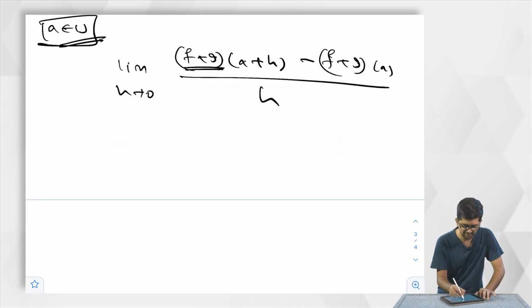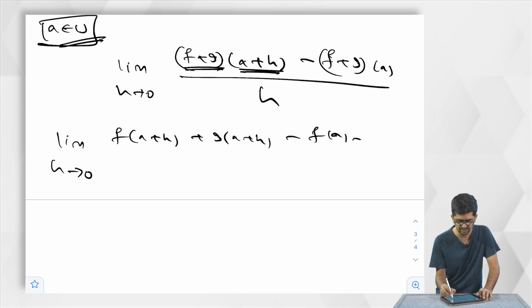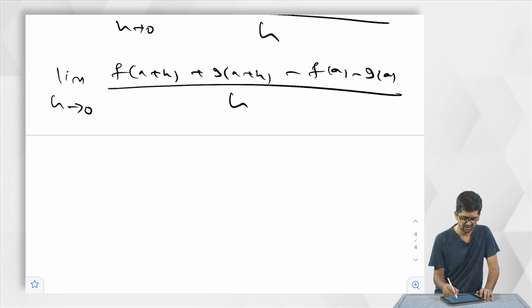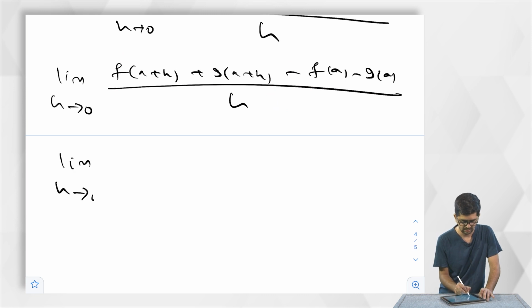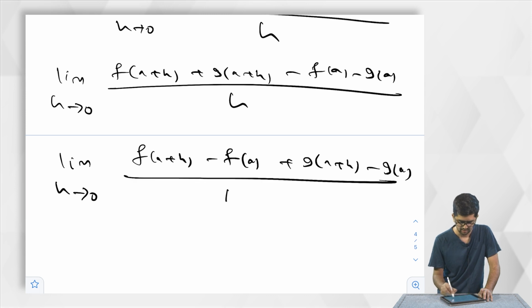So this we write as the limit as h goes to 0 of f of a plus h plus g of a plus h minus f of a minus g of a, by h. I am just combining this with this, then this with this, and we get the following: the limit as h goes to 0 of f of a plus h minus f of a plus g of a plus h minus g of a, by h.